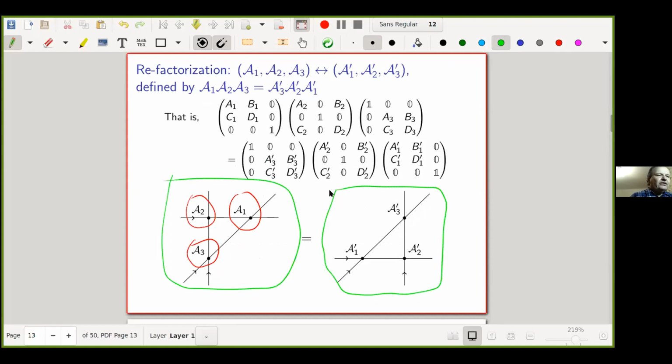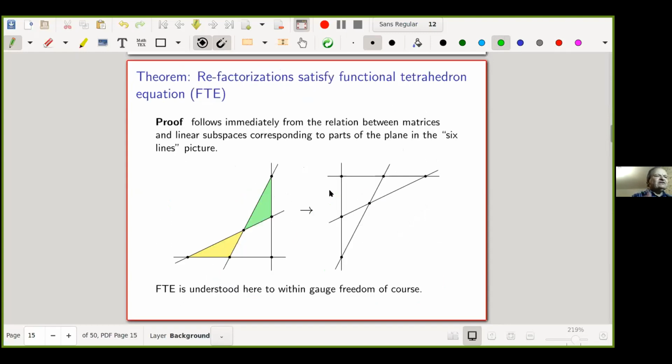Okay, so if you have now not just 3 but 6 matrices, you see everywhere here are some matrices A with some probably subscripts. 6 matrices are given to you, and then first you can obtain from them 6 new matrices.